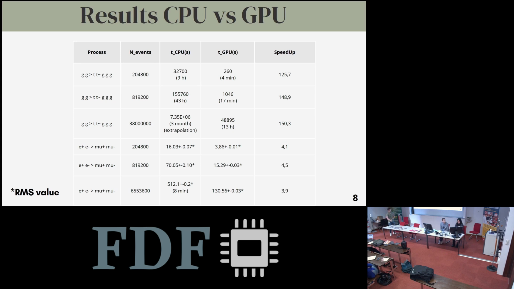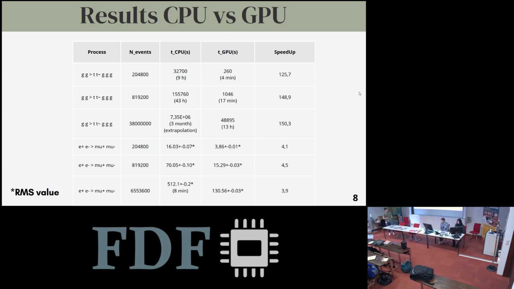But this is an extrapolation. If you use a larger number of events, the CPU takes around 3 months and the GPU takes around 13 hours. I didn't run the CPU test, but you know.